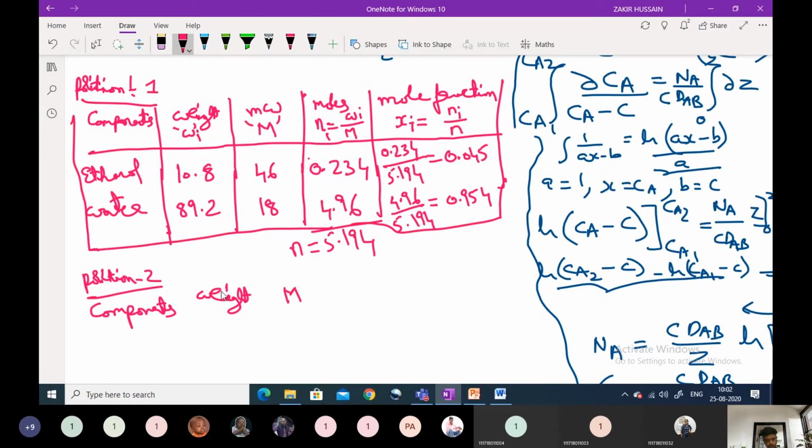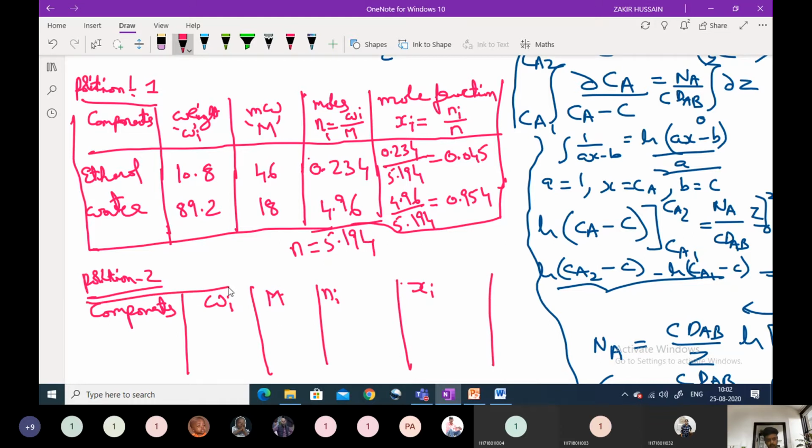I'm writing the short forms since we already defined the weight and molecular weight symbols: wi, m, then ni, where ni is equal to wi by m, then mole fraction xi. So we write components, weight, molecular weight, moles, and mole fractions.